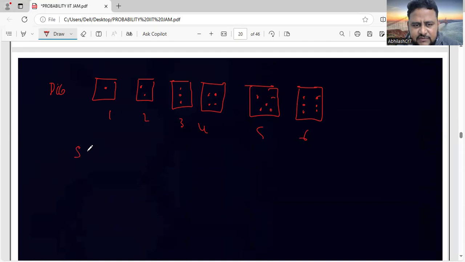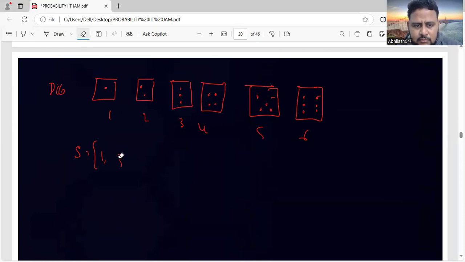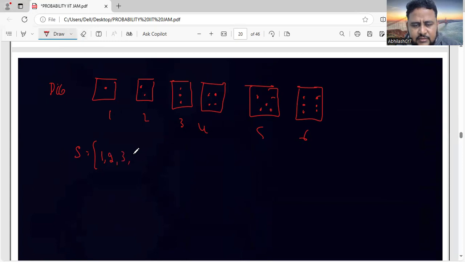So your sample space is what, friends? Same thing: 1, 2, 3, 4, 5, 6. This is when it comes to one die.